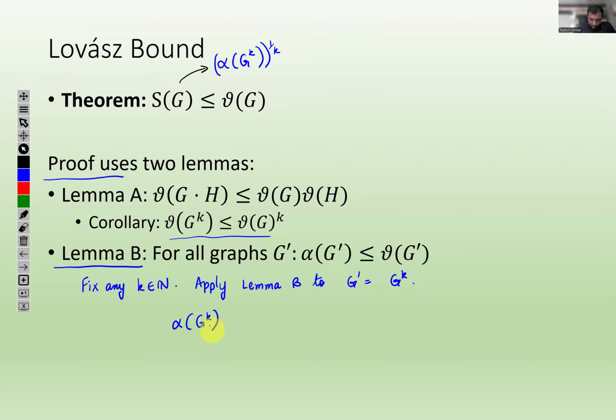Alpha of g power k, which is basically the quantity we are interested in up to this 1 over kth power, is at most theta of g power k. And while alpha of g power k, we could not easily relate it back to alpha of g. If we could, then we would directly have a bound over there, or we'd directly know what the Shannon capacity is.